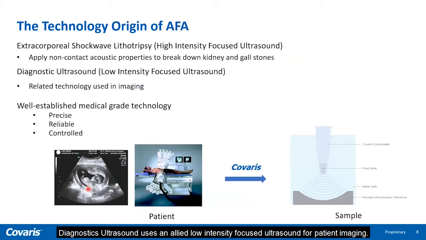Diagnostic ultrasound uses a related low-intensity focused ultrasound for patient imaging. Covaris AFA is the combination of both technologies optimized for biomolecule processing. The same exigence of medical-grade technology that is precise, reliable, and controlled is applied to DNA shearing and sample preparation with AFA.